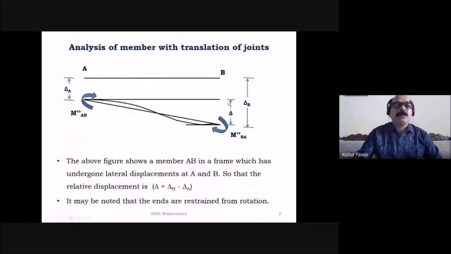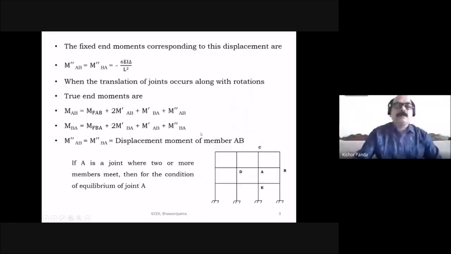So due to the relative displacement delta, the moment on this side and this side is equal to minus 6EI delta by L square. This is the fixed end moment due to the lateral displacement of the joint.